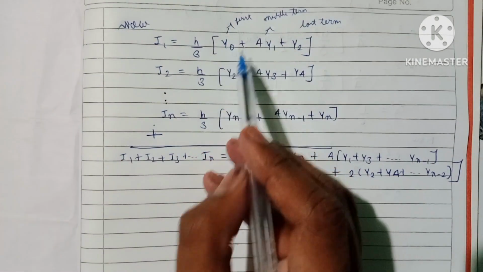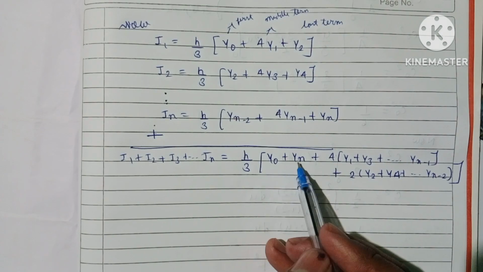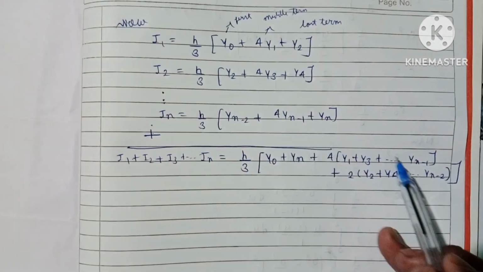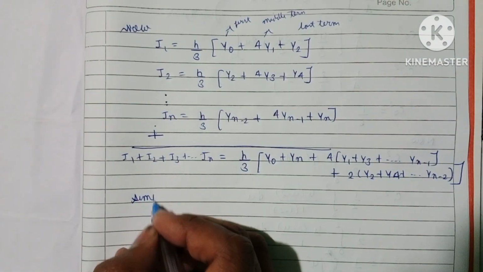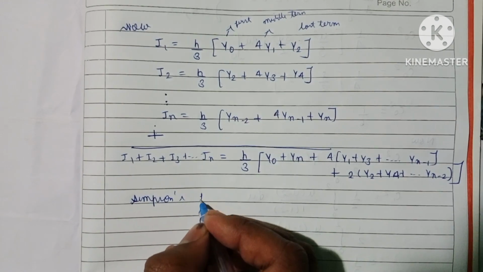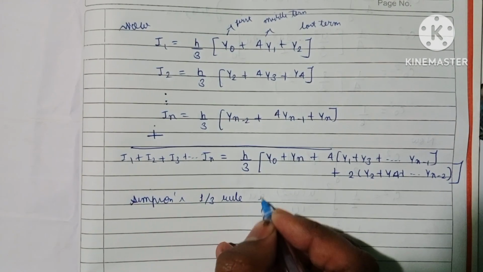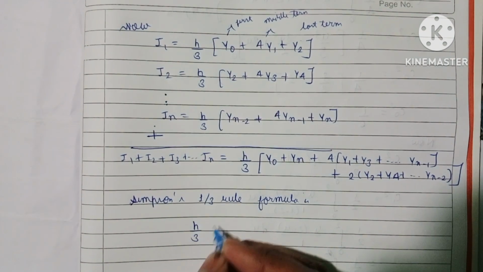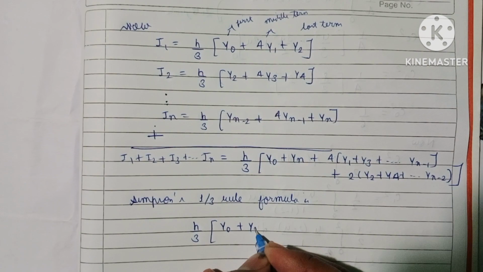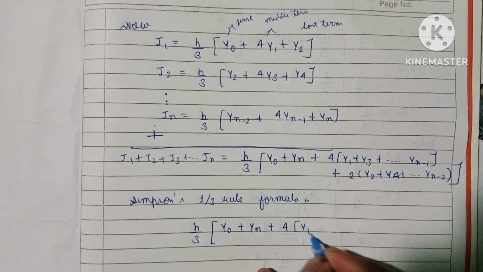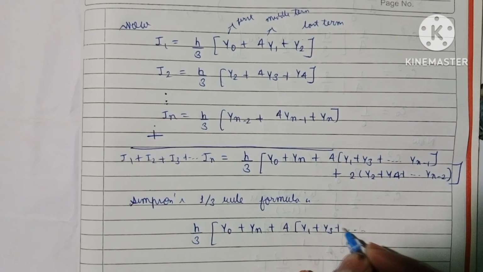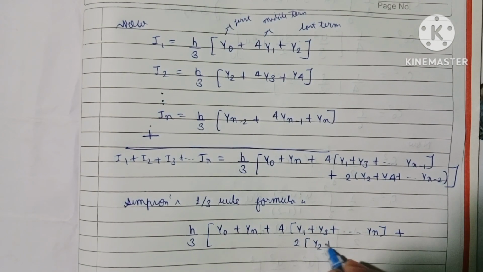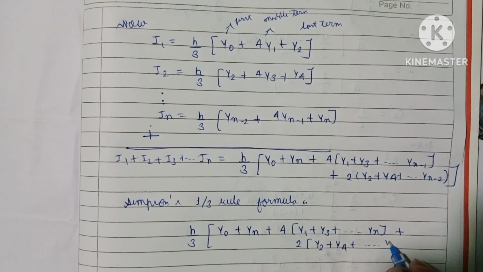Simply, the first and last terms come one time, the middle terms come four times, and these terms come two times. So our Simpson's 1/3 rule formula is h by 3 [y0 plus y_n plus 4 times (y1 plus y3 plus ... y_(n minus 1)) plus 2 times (y2 plus y4 plus ... y_(n minus 2))].